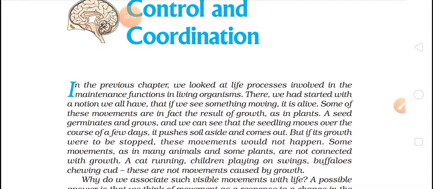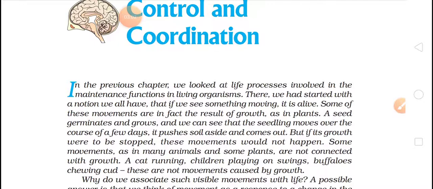Some of these movements are in fact the result of growth, as in plants. A seed germinates and grows, and we can see that the seedling moves out of the soil over a few days. It pushes soil aside and comes out. Very beautiful thing they have explained, how the seeds exactly germinate.